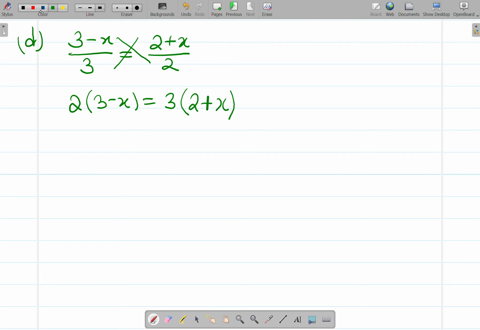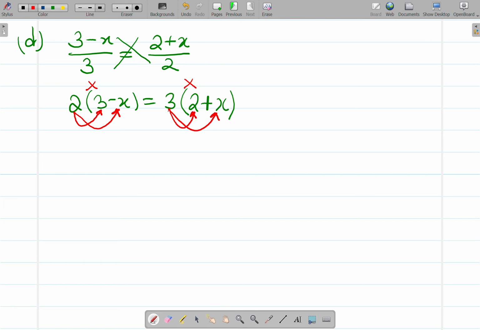These brackets should be treated as times. So we are simply saying 2 will multiply this one, again 2 will multiply that one. The same applies here: 3 will multiply this one, again 3 will multiply that one. That's the meaning.